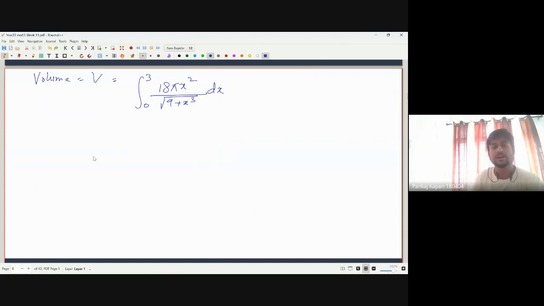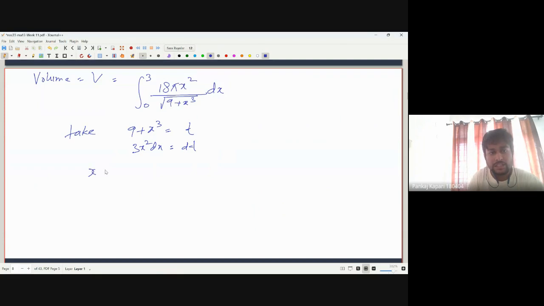So we'll use the substitution method. Take 9 plus x cube equal to t, a new variable. Then if you differentiate both sides, you get 3x square dx, that is the differential, becomes dt.